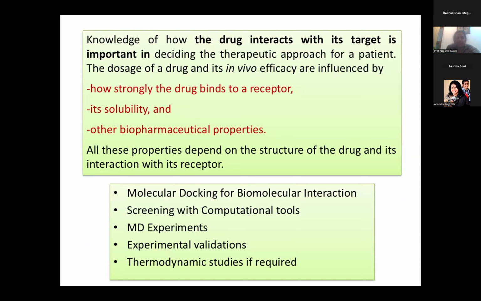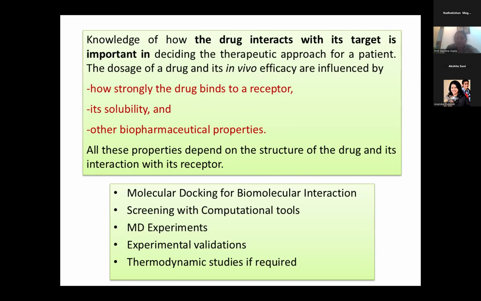So the doses of a drug and its in vivo efficacy are influenced by three main things. First is how strongly the drug binds to a receptor. Second is its solubility: a drug may be effective, but it has to reach the site of action in our body, so how it has to be administered matters.